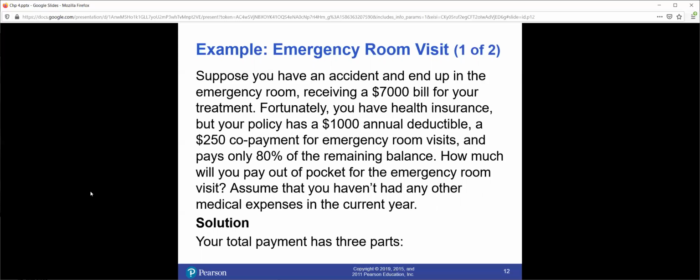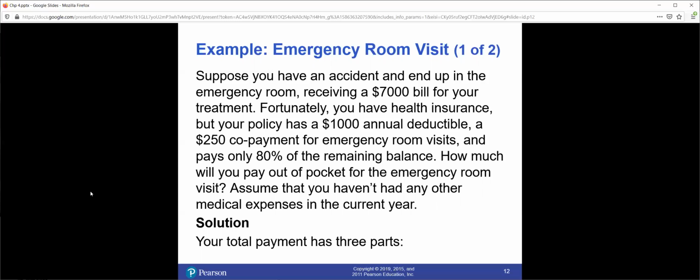The health insurance policy you have has a $1,000 annual deductible. A $1,000 annual deductible means at the start of whenever the insurance company deems their fiscal year, you have to pay $1,000 to them before they start covering expenses.